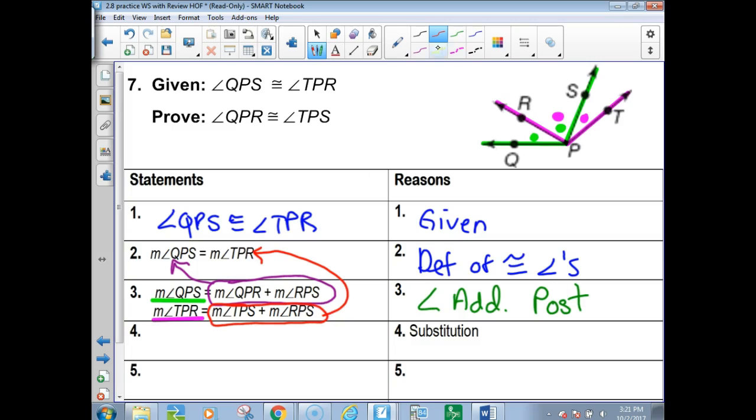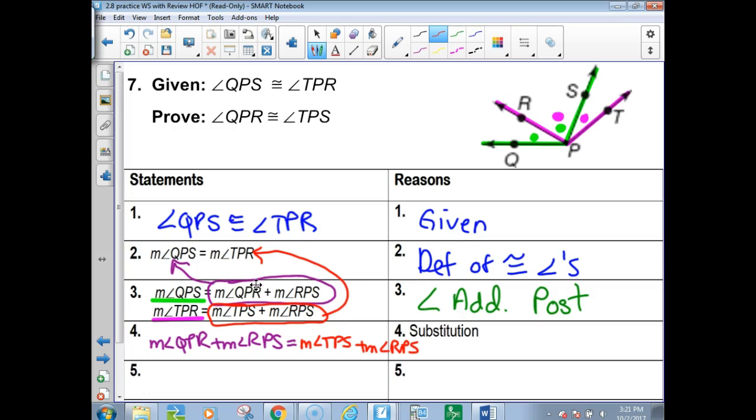It's going to be a long thing to write, but what we're going to write is the measure of angle QPR plus the measure of angle RPS equals the measure of angle TPS plus the measure of angle RPS. By substitution. We made a substitution.